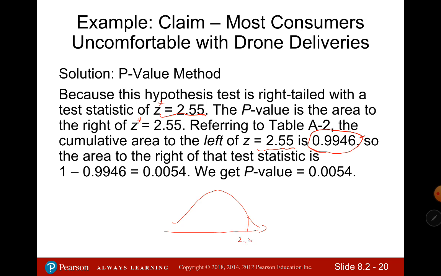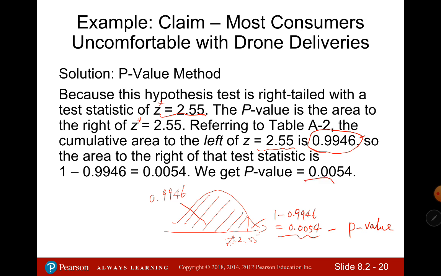So here, 2.55, we know this is our test statistic Z, right? And we also know the area cumulative from the left of this Z is 0.9946. But we are actually interested in the area of the right tail because we are doing the right tail test. So we should use total area minus the area to the left to get the area of our right tail. So this is called the p-value.